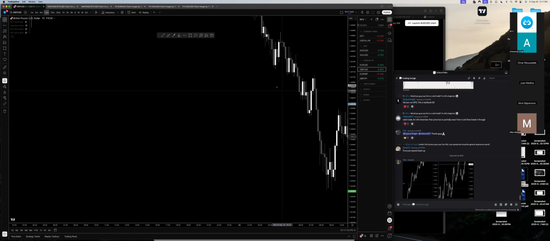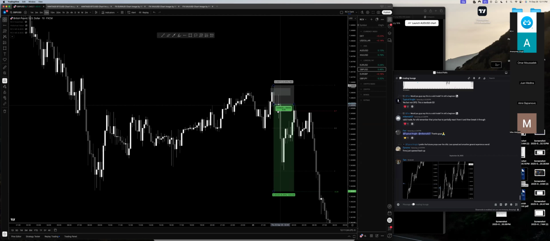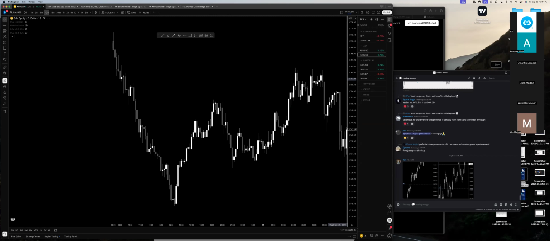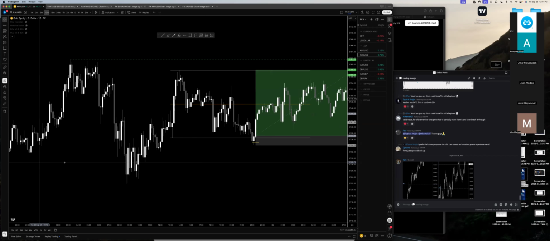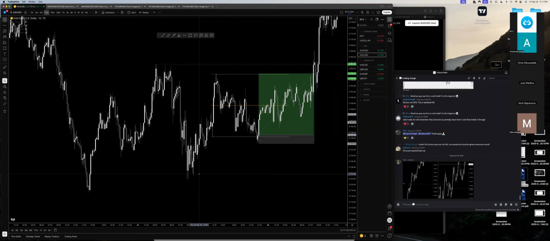But because we had the implied sweep, that's also just more confirmation for me. So yeah, I always take it on the closure just because we don't know if this is just going to go or if it's going to stay for a little bit, right? Like here it stayed for a little bit, but then over here, right, it just goes. So yeah, that's the theory behind that.